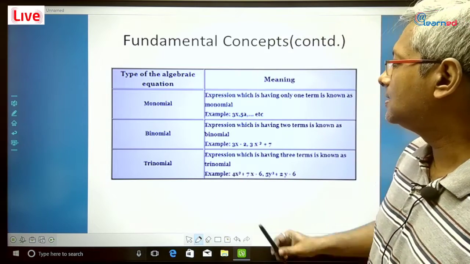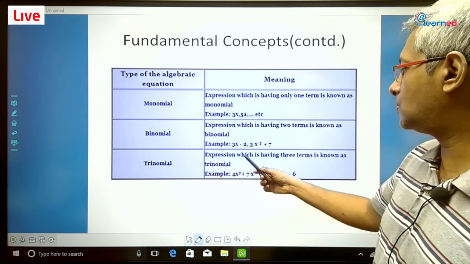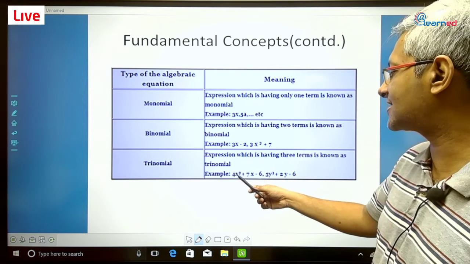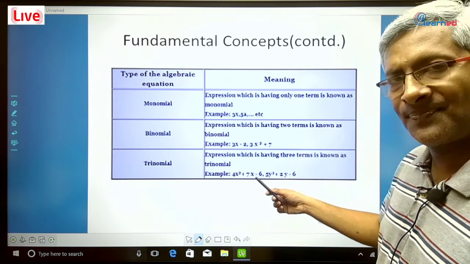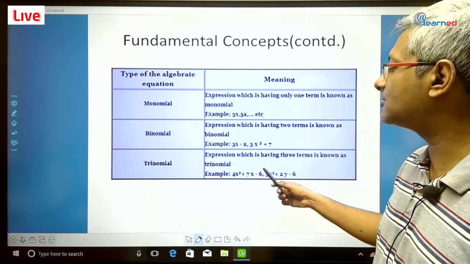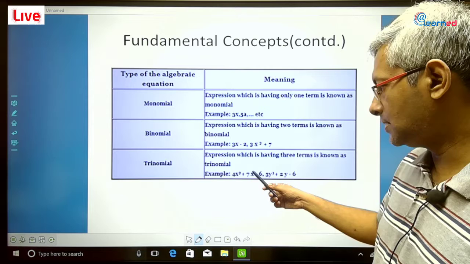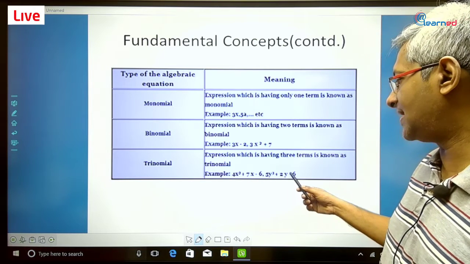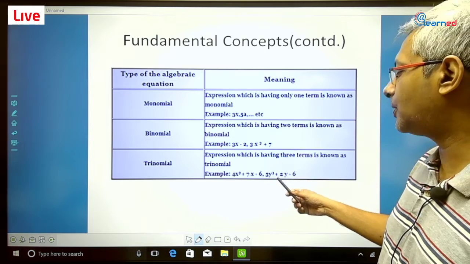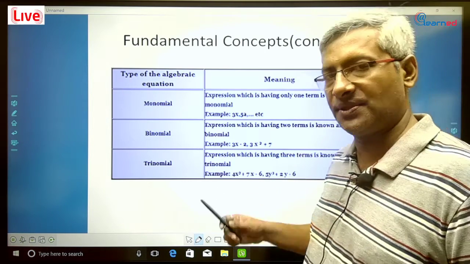Okay. A trinomial, having 3 terms, is known as a trinomial. So 4x squared plus 7x minus 6. This is a trinomial, and we can say this is also a valid polynomial. 3y squared plus 2y minus x. So this is again a valid polynomial as well as a trinomial.